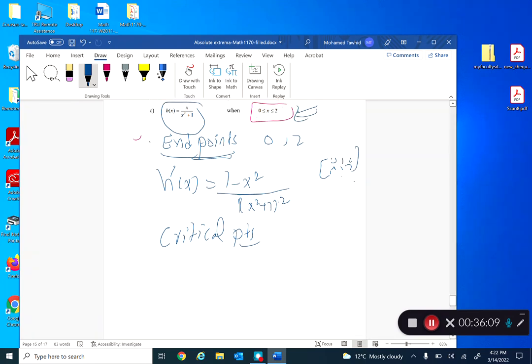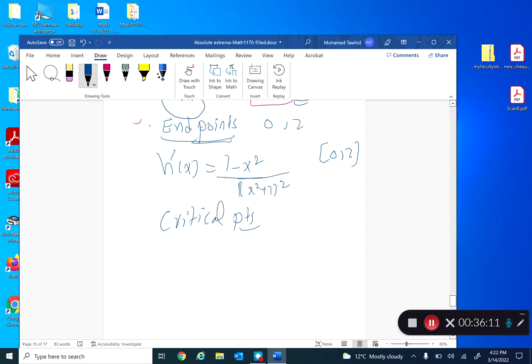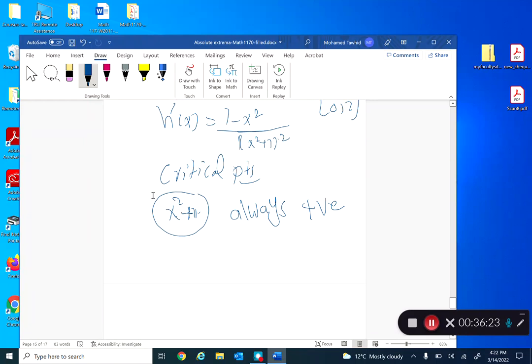Now if I look at the derivative, let me ask you a question. What do you know about this term, x squared plus 1? The question here is, is it always positive and cannot be 0? Why? Because if I put x equals 0 here, you have 0 squared plus 1, which is 1.